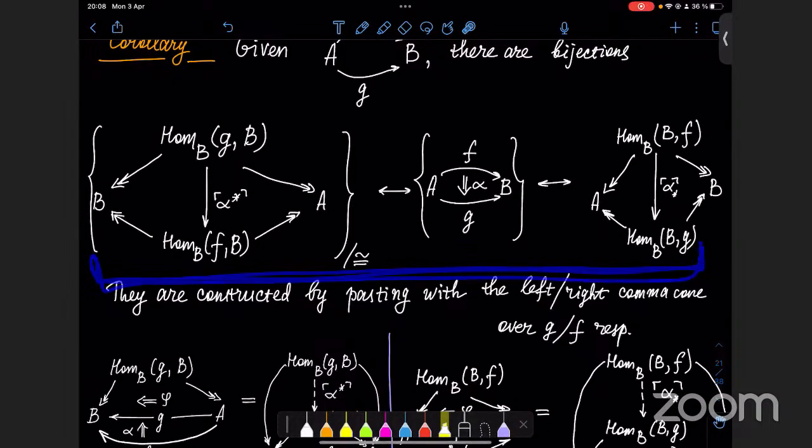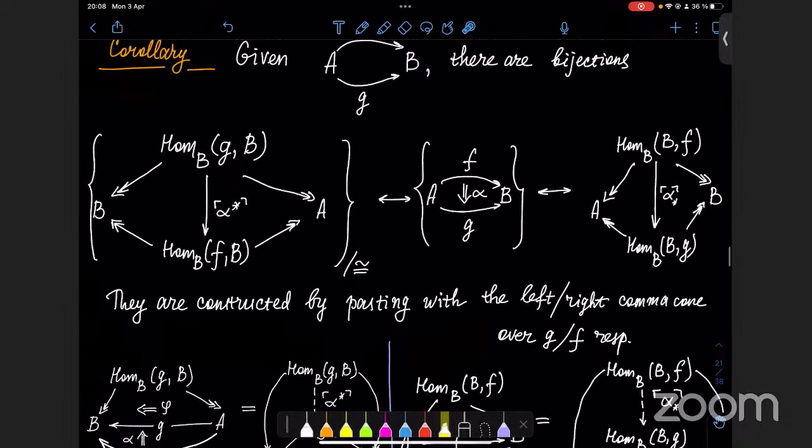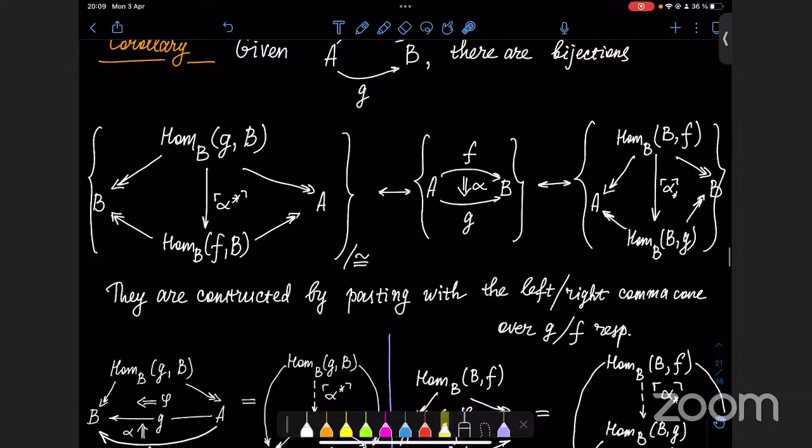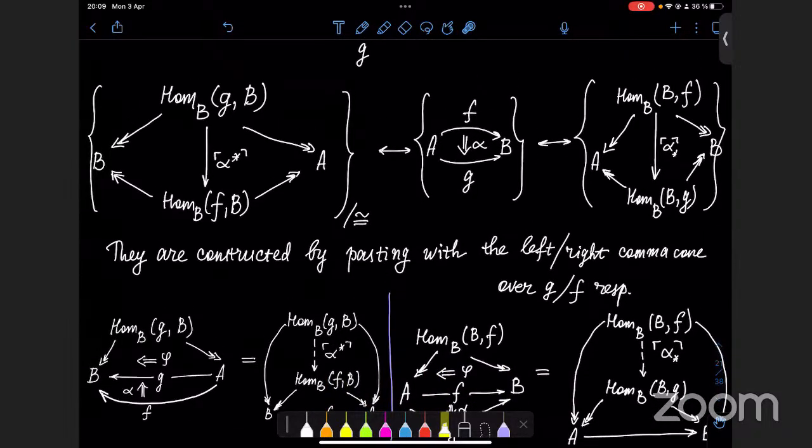These two bijections: on the left hand side, you have this, and on the right hand side you have something similar, but consider the tops of these diagrams, they're different, and so you can replace this hom object by this, and equivalently you have a bijection with these 2-cells between these parallel arrows, and these bijections are constructed by passing with the left, right comma category over G or F respectively.